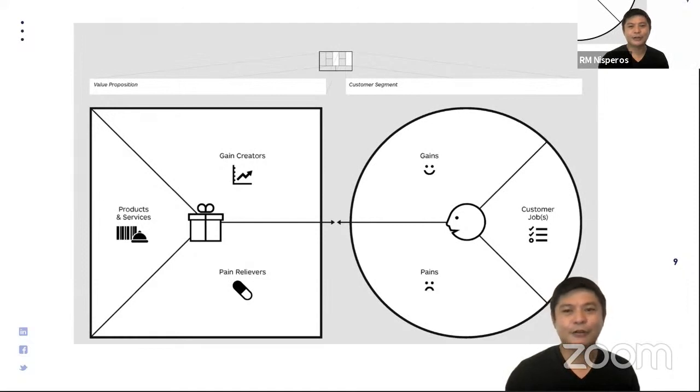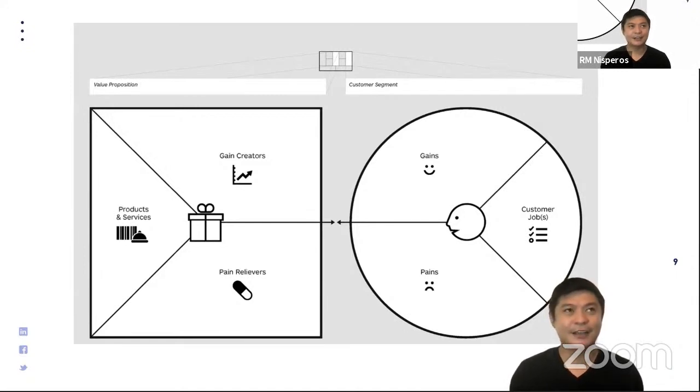And then that role has specific jobs to do. And in doing so, what pains do they encounter and what gains do they want for them to do the job better? So pains and gains, in simple terms, ito yung needs and wants.